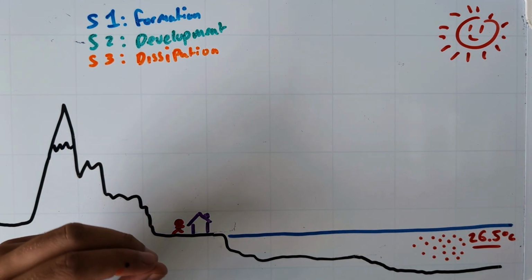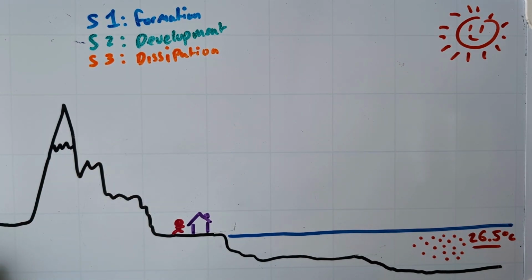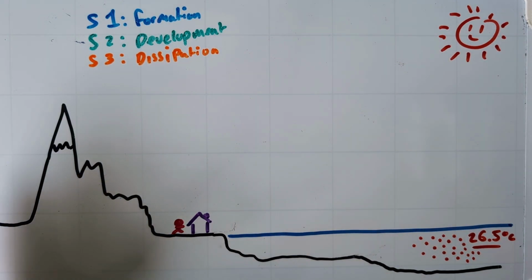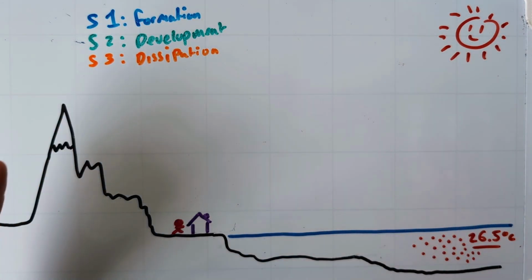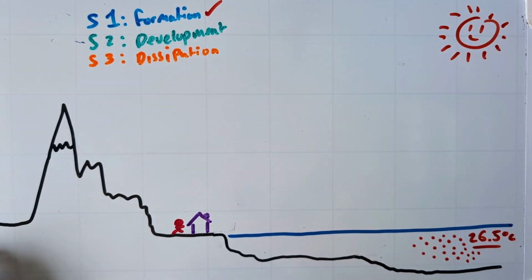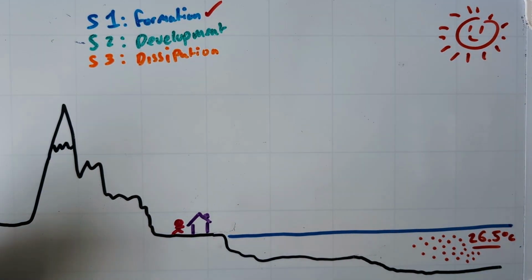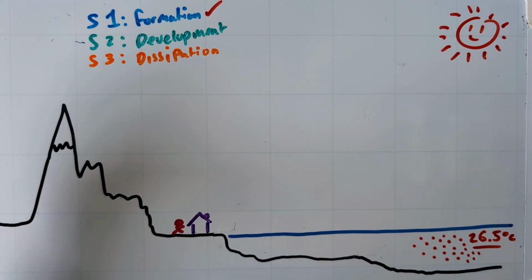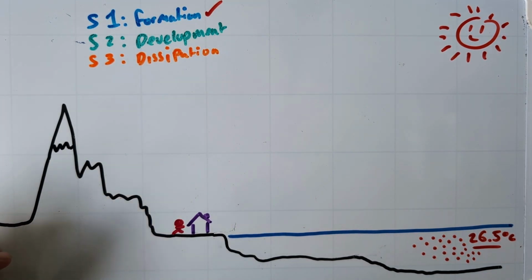That happens because this is where the concentration of solar radiation is highest and can get that number up to 26.5 degrees. So if you've lived in England, you've probably never experienced a tropical cyclone because the oceans surrounding England have never got anywhere close to that temperature. So that is formation done. 26.5 degrees of ocean temperature and in the tropics.